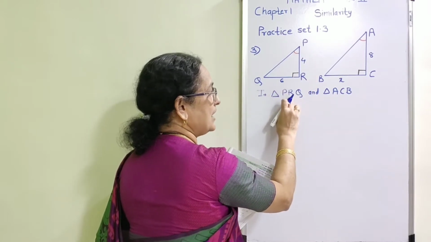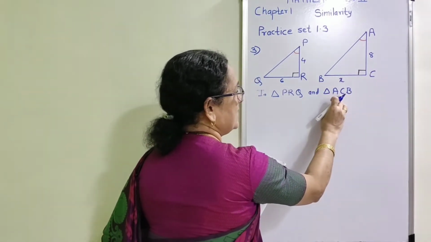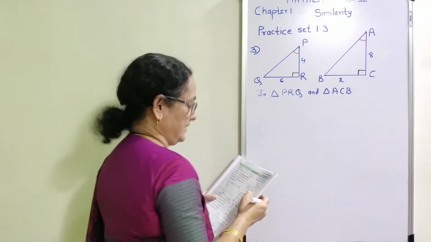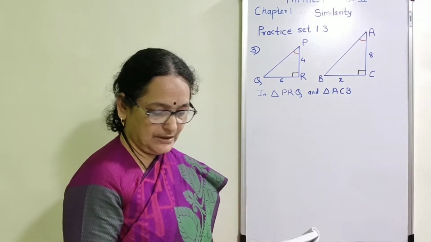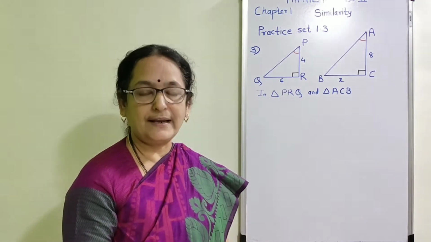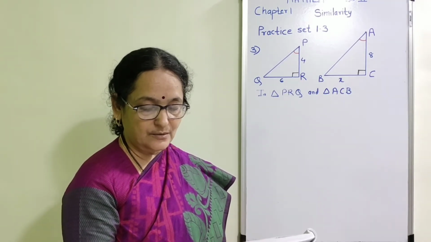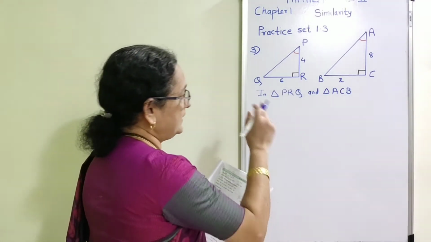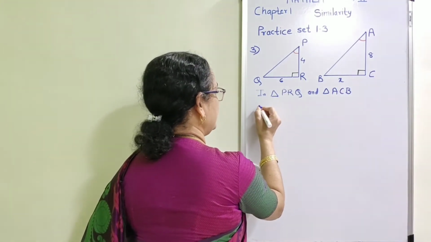PRQ, since angle R is 90 degrees, and angle ACB, since angle C is 90 degrees. Now I am going to mention both the pairs: in these two triangles, since the angles are congruent to each other, the triangles are similar to each other by a test of similarity.